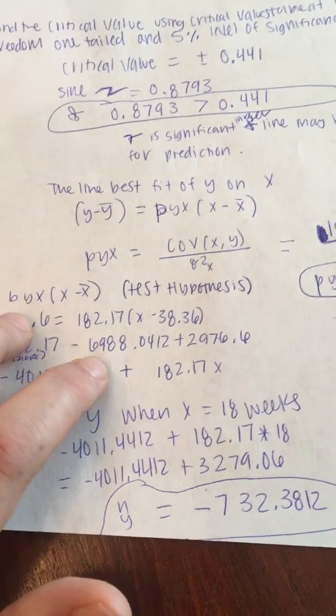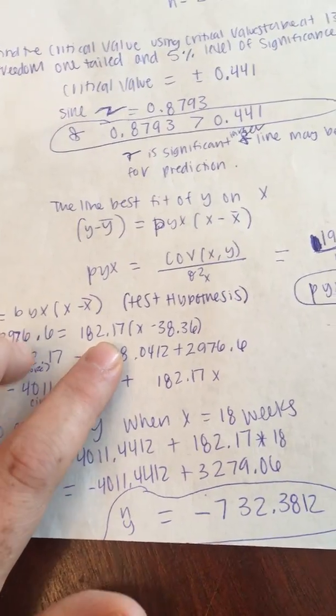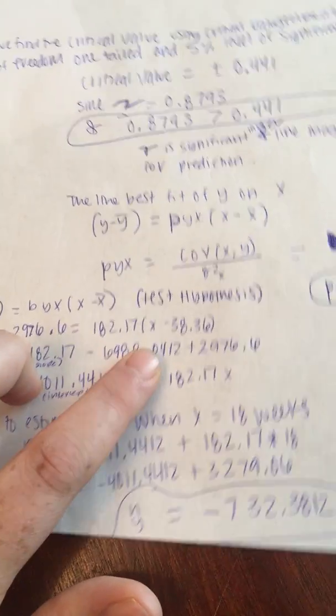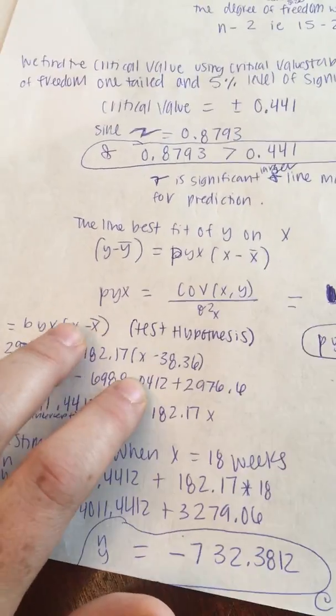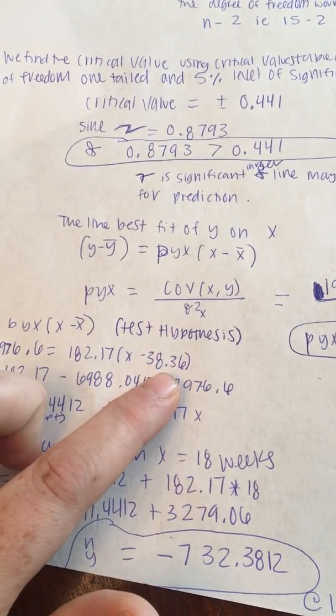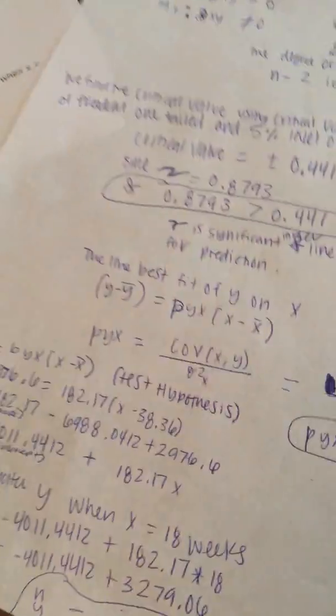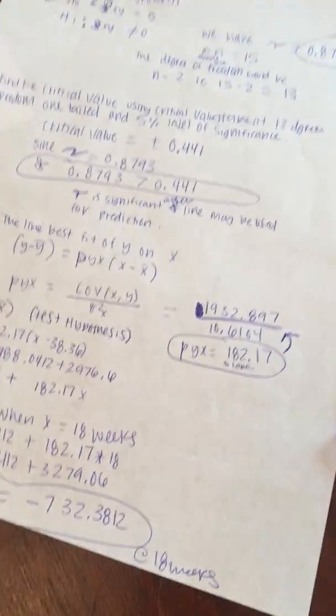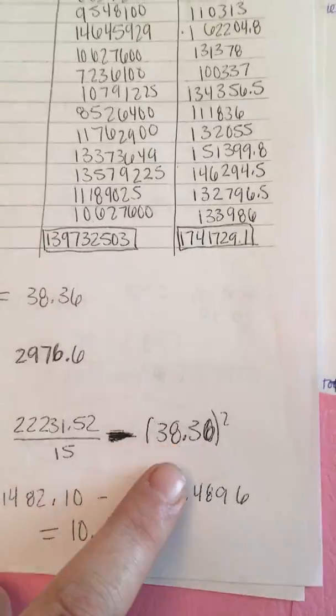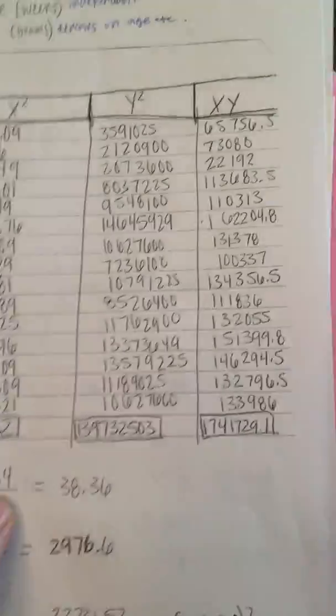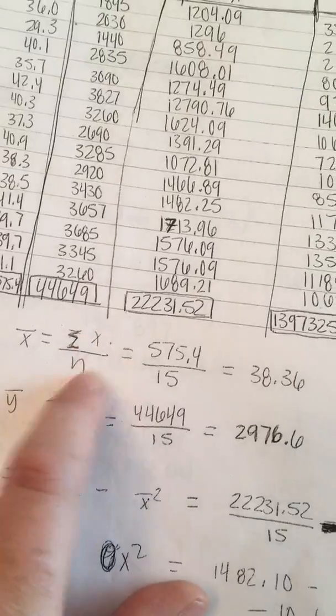297.6 equals the 182.17, which we got from here, and we're going to multiply that as our x minus, we know it's 38.36 because we got that from here, essentially from the sum of x over n. That's where we got the 38.36.